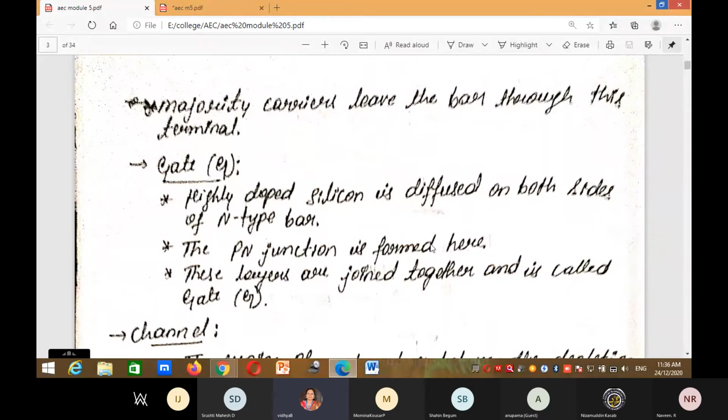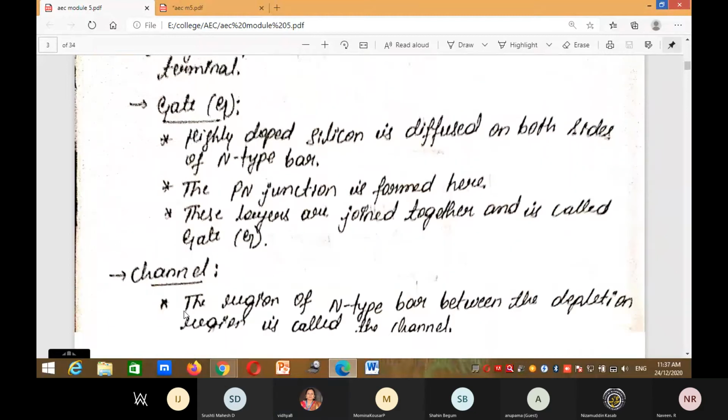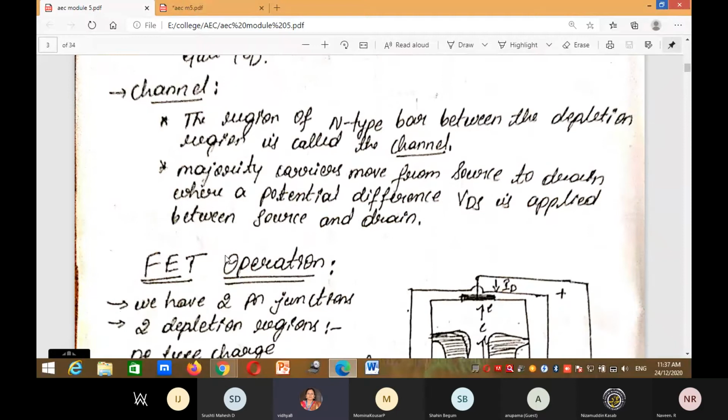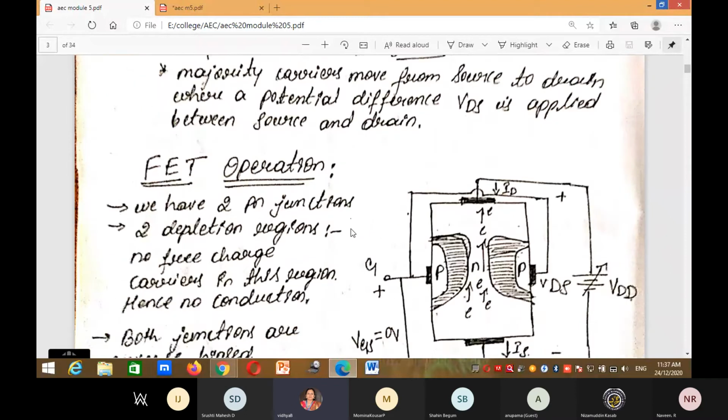The PN junction is formed here. These layers are joined together and it is called the gate. Next, channel. The region of the N-type bar between the depletion regions is called the channel. Majority carriers move from source to drain when a potential difference VDS is applied between source and drain.